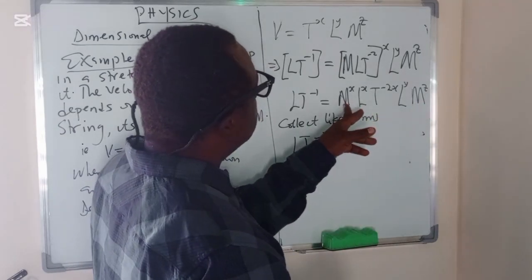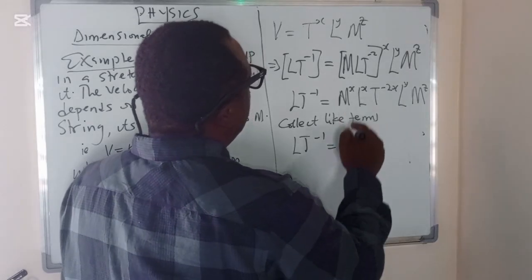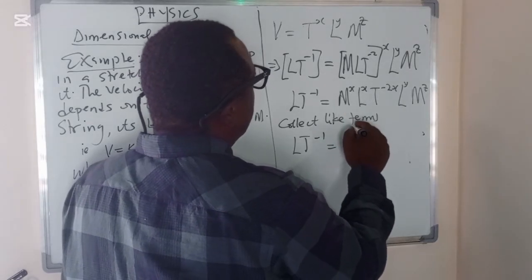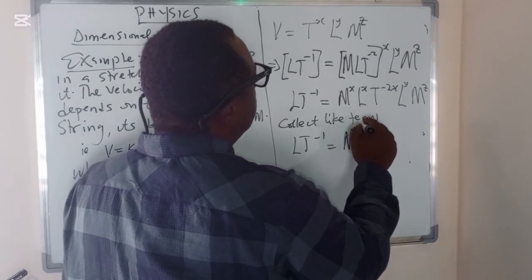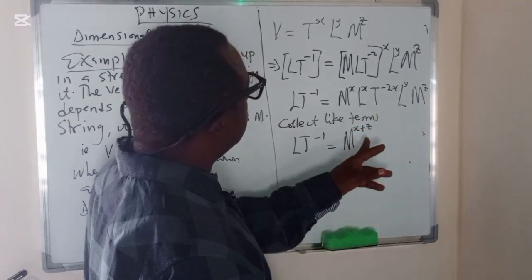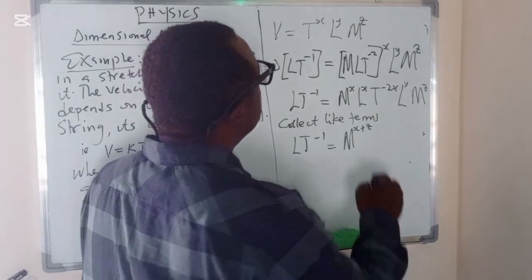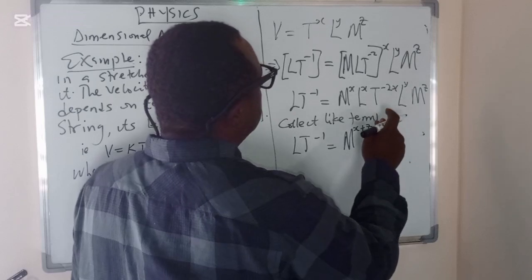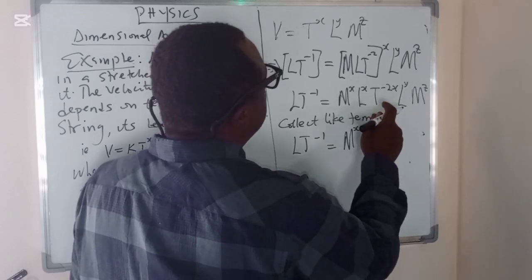We bring the M's together. So we have M raised to power x plus z, according to indices. We bring the L's together.